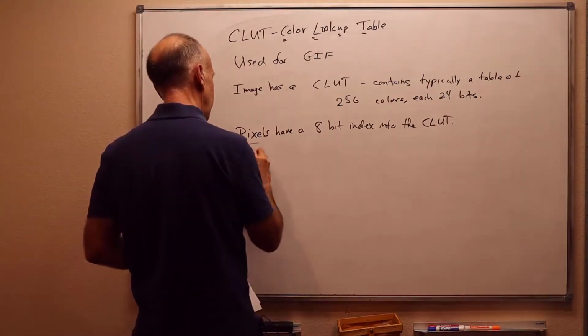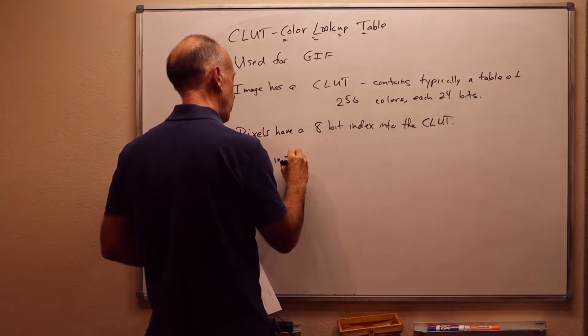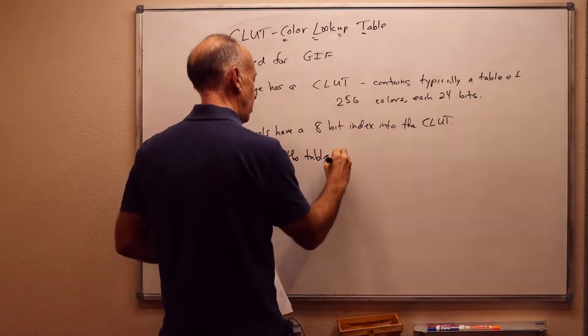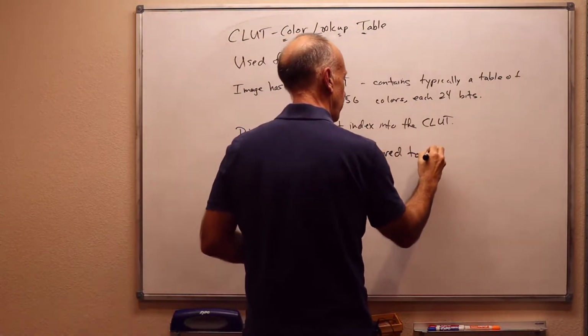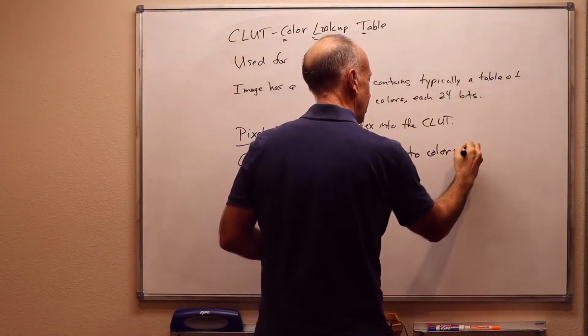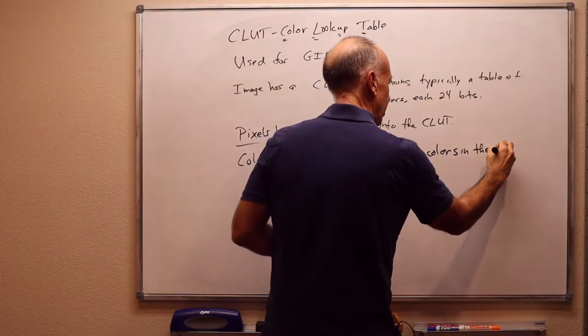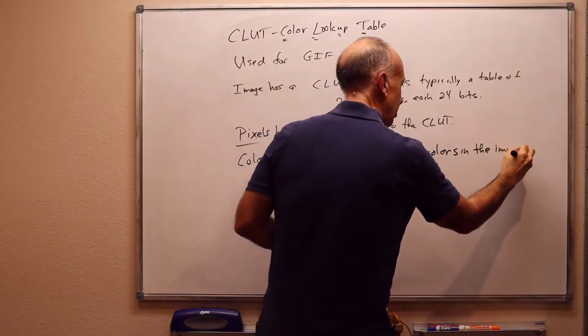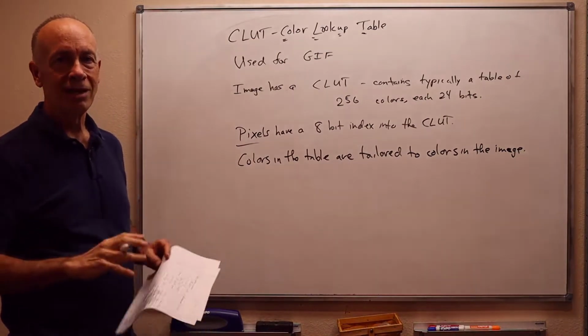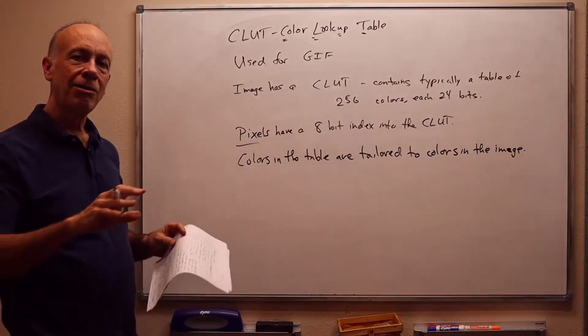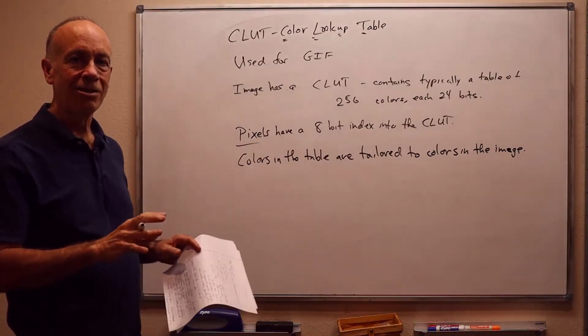The colors in the table are tailored to the colors in the image. So each image has its own lookup table. So if you have an image, say with a lot of green colors and fewer other colors, the color lookup table will have a lot of subtle different colors of green.